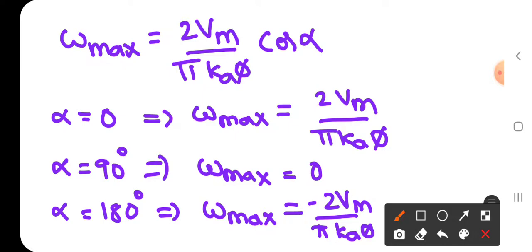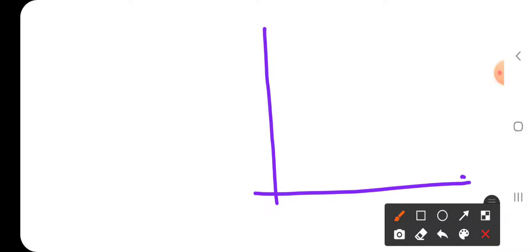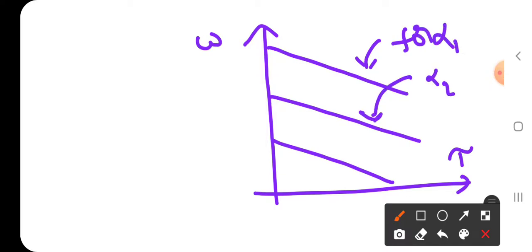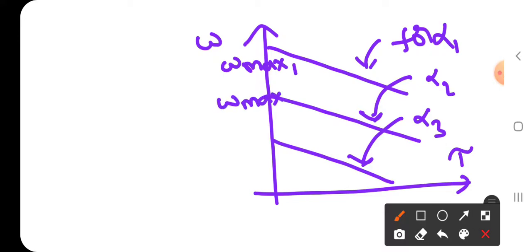Yes, now if I see the characteristics, the characteristics may be like this. This is for alpha 1, alpha 2, alpha 3. This will be omega max 1, this is omega max 2, omega max 3.